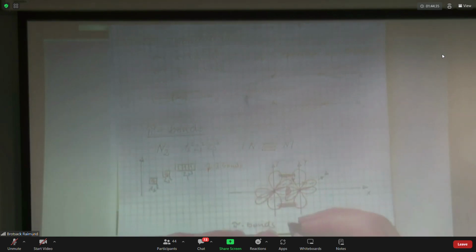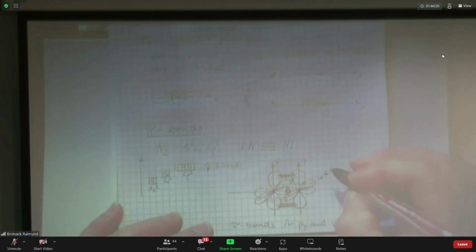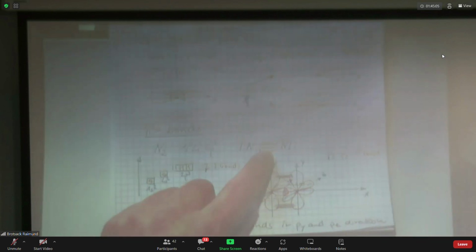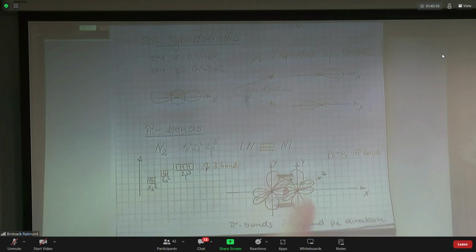In the px direction, this one, that's a sigma bond. So one of those three bonds is a sigma. Two of them are pi bonds.